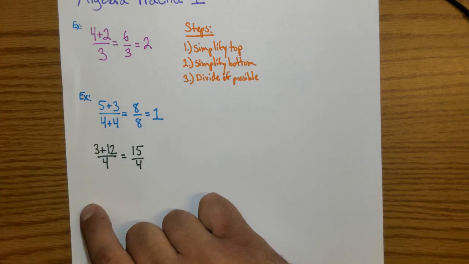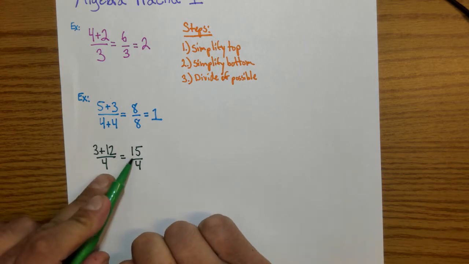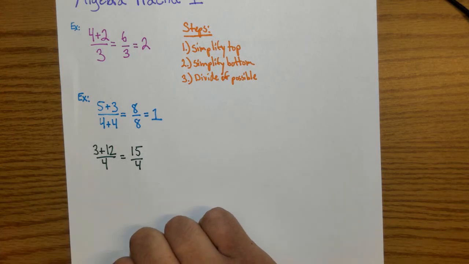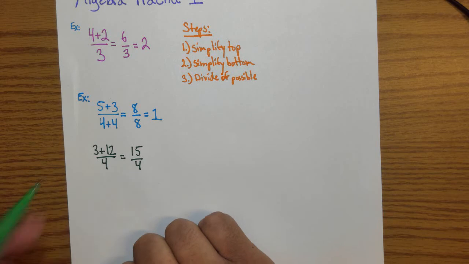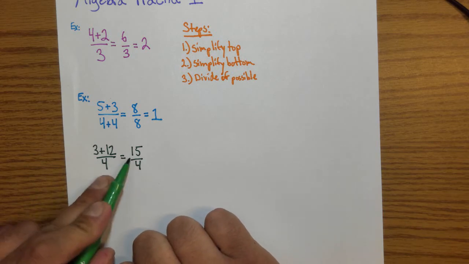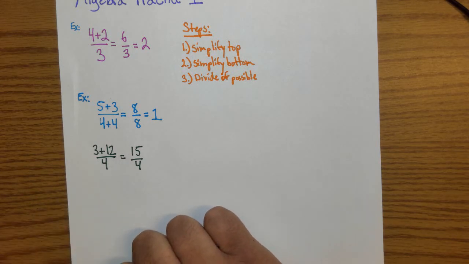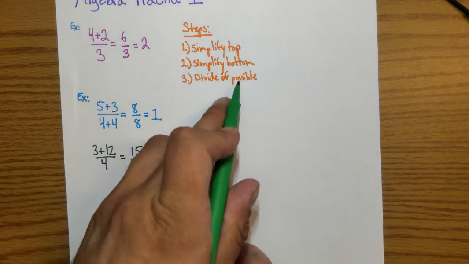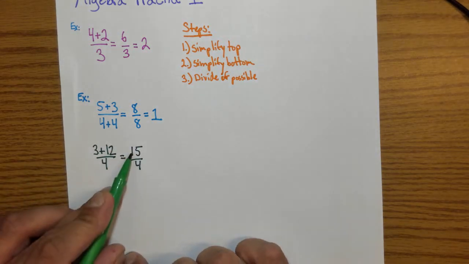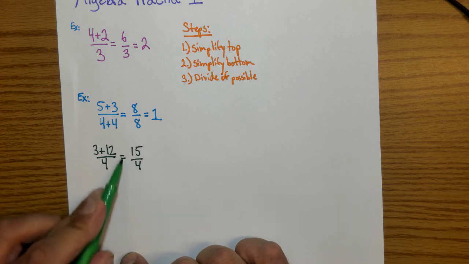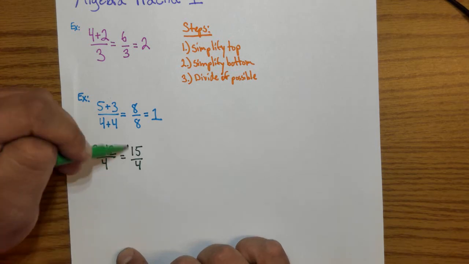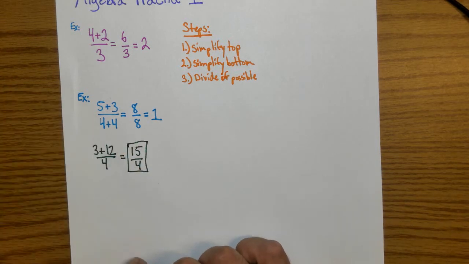We can't simplify 4 anymore. Now, look at this. 15 is not divisible by 4. Remember, fractions just mean division. So it's just saying 15 divided by 4. Well, that goes back to this if possible idea here. We can't divide this, so we're going to leave our answer just as 15 over 4.